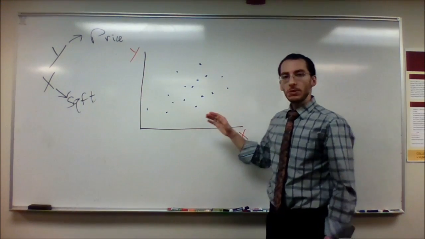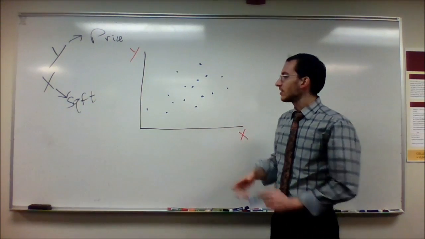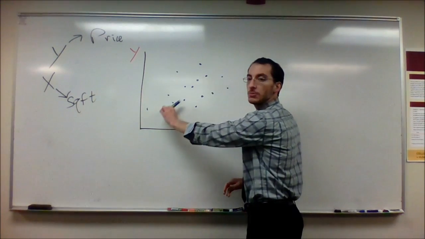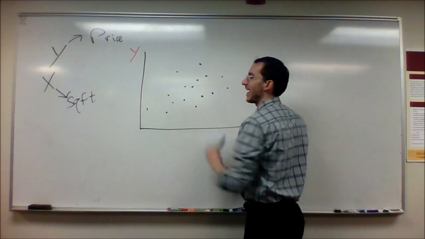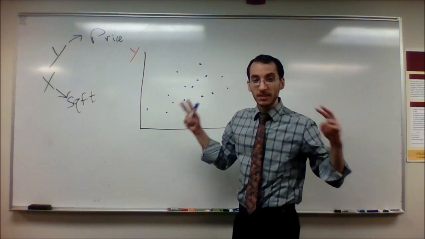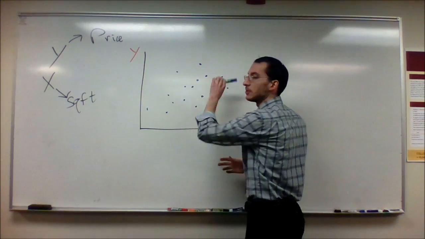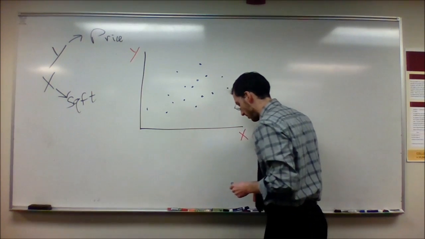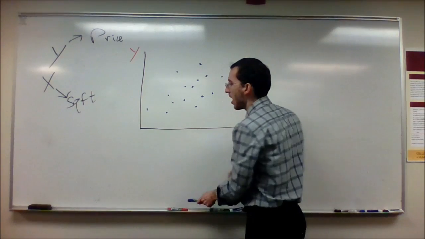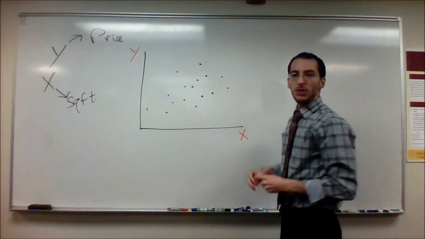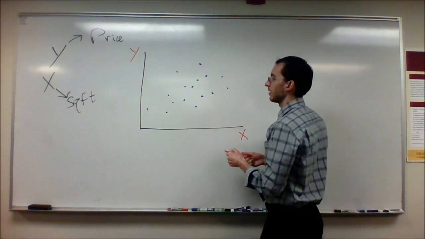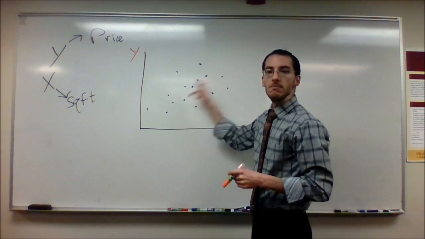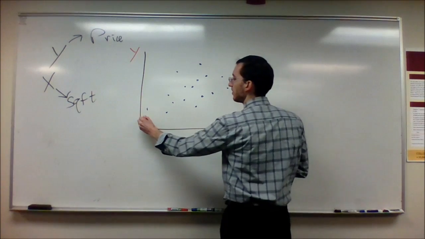So what linear regression does is it says, I want to fit a straight line through these points. That is the best line that I can fit through these points. Now, what does the best line mean? Well, let me draw on, for example, what the best line might look like. You'd think that it might go through our sense of what the middle of these points are. So maybe something like this.